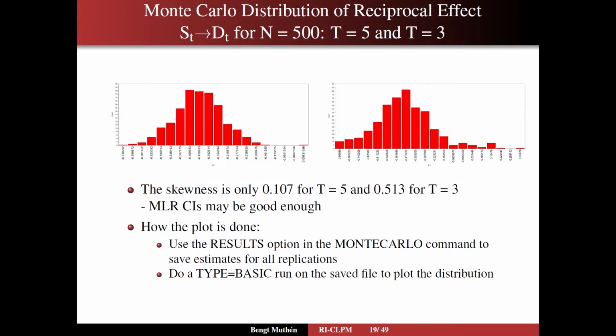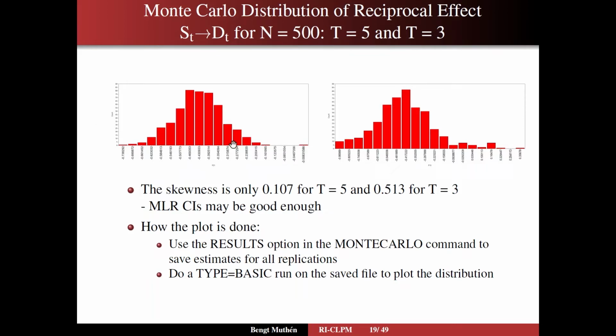Now, on slide 19, I first take a look at the Monte Carlo distribution for a reciprocal effect, and we call it ST. That is the effect of, in this case, self-esteem on depression at the same time point t. So this is a contemporaneous lag zero effect. For a sample size of 500 with 5 or 3 time points, I was just interested in seeing how potentially non-normal it might be.